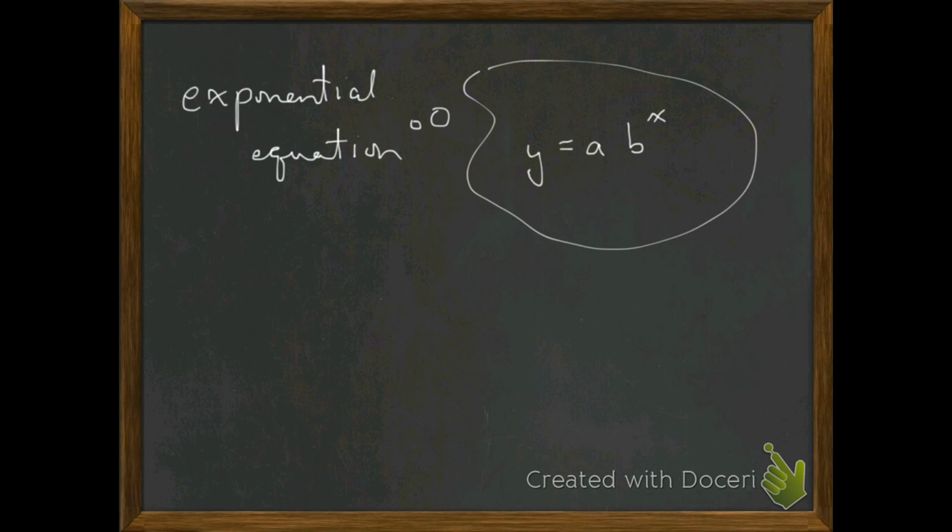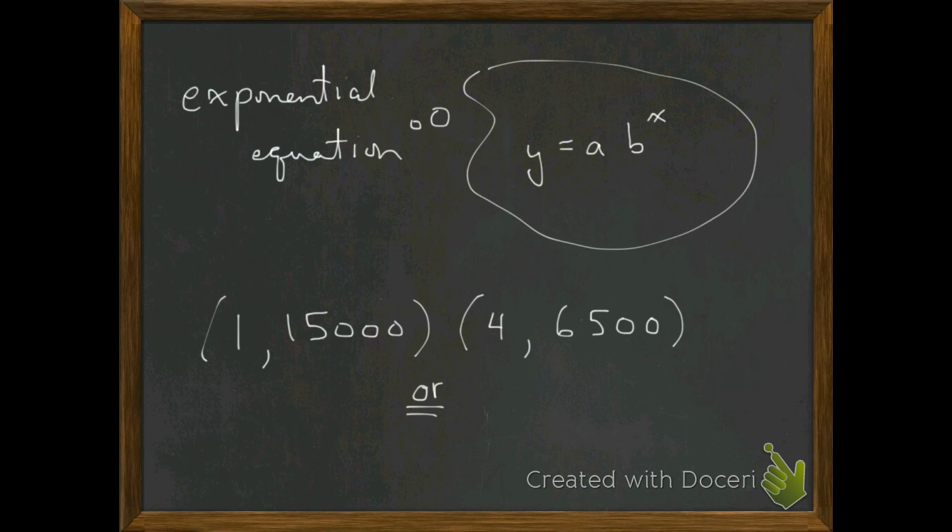Okay? Market analysis shows that the sedan's value 1 year after purchase is $15,000. It also shows that 4 years after purchase, the value is $6,500. Now, if you want, I don't really mind, thousands and 10,000s, 100,000s are a little different.